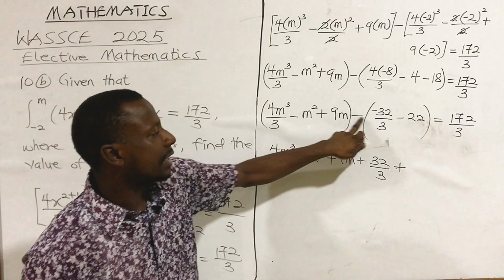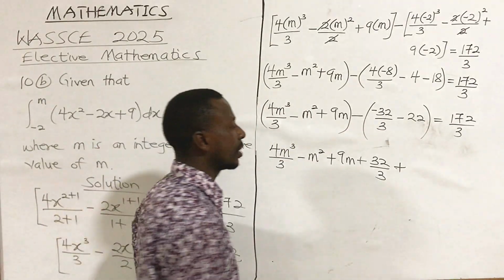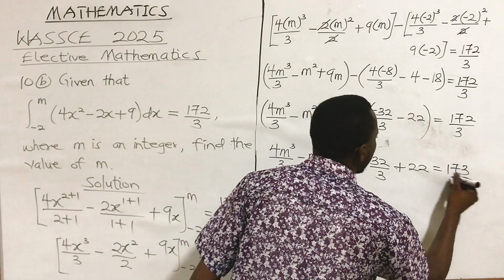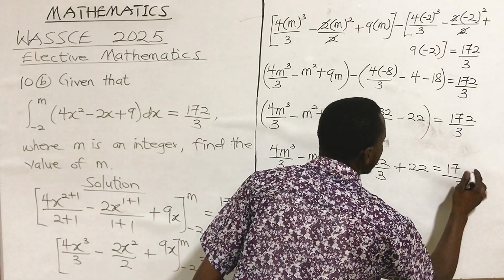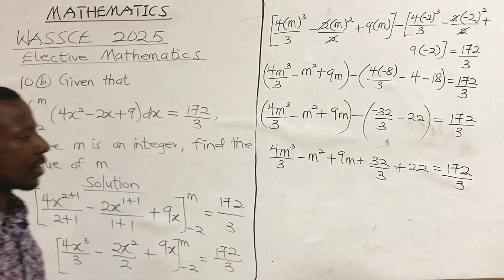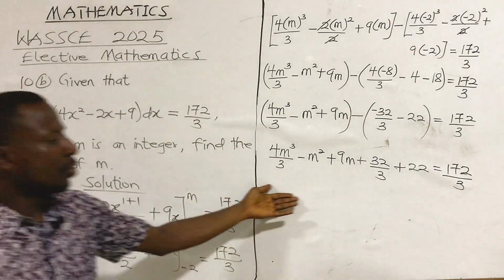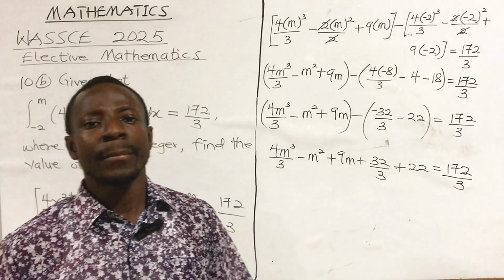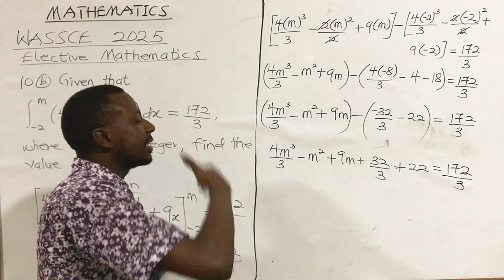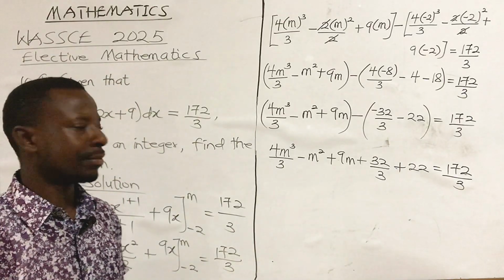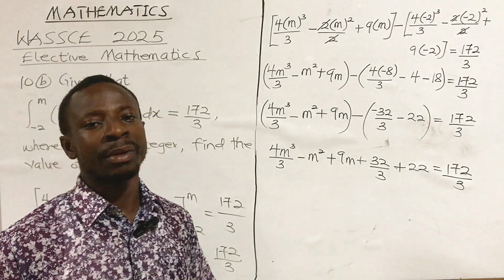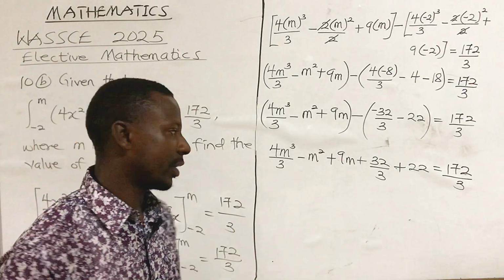Then this negative will also affect the second one, so we have positive 22, which is still equal to 172 over 3. All right. So when we get here, we are going to find the LCM and multiply each term by the LCM. From here, the LCM is 3, so you are going to multiply each term by 3.